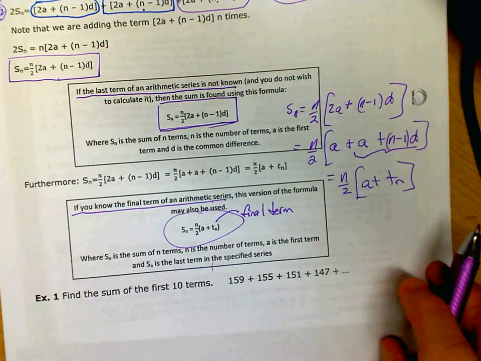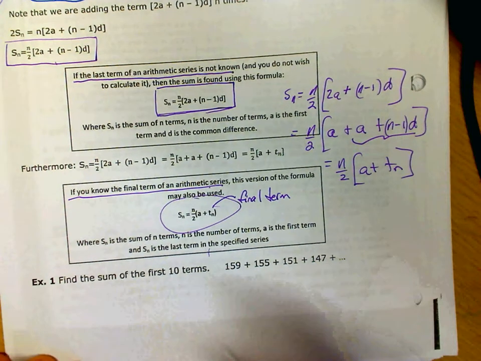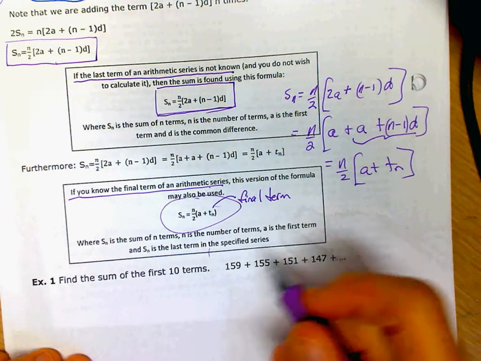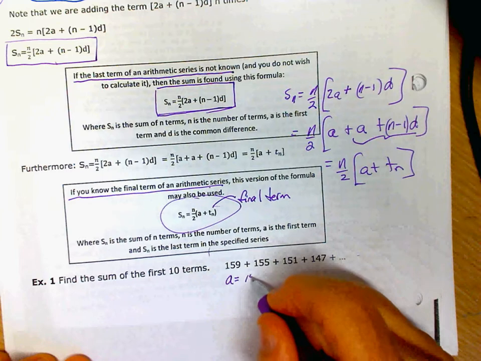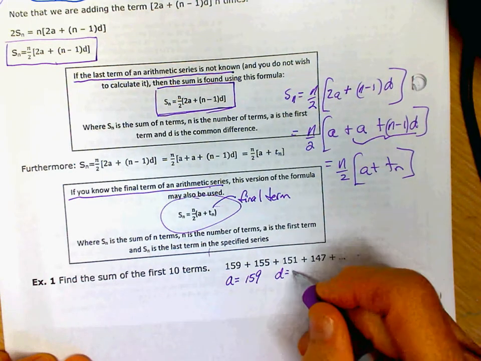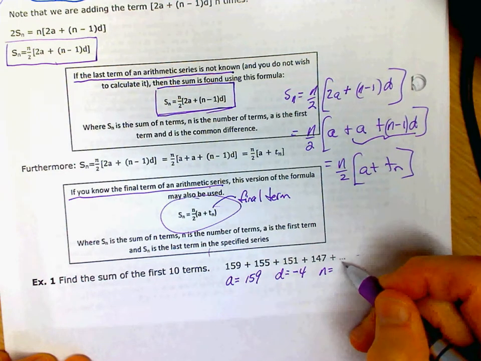Okay, find the sum of the first 10 terms. So we don't know the last term, right? So can you tell me what A equals? What does D equal? And N equals? Yeah.